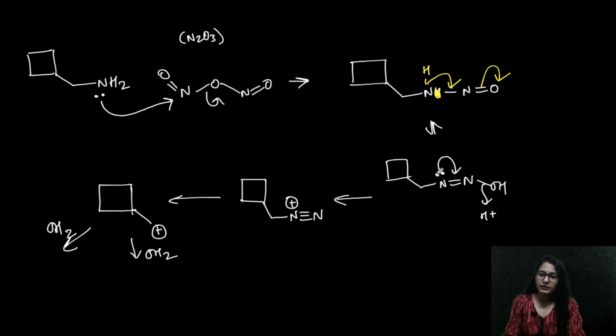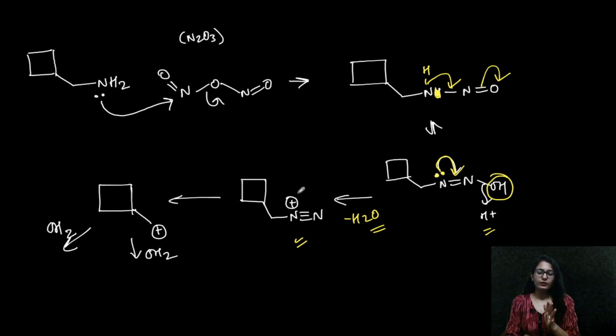Okay, and further this nitrogen over here is going to make this oxygen or the OH group leave by grabbing a proton. So the water molecule is released, and finally you get your diazo molecule. So in the competitive exams, such detailing is not asked, because directly you want to get the product. So you know by looking at the reagent that HNO2 with an amine is definitely going to give you the diazo molecule.